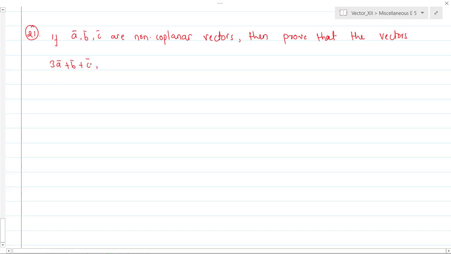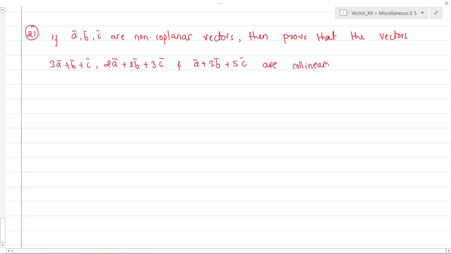If a bar, b bar, c bar are non-coplanar vectors, then prove that the vectors 3a bar plus b bar plus c bar, 2a plus 2b plus 3c, and a bar plus 3b bar plus 5c bar are collinear.